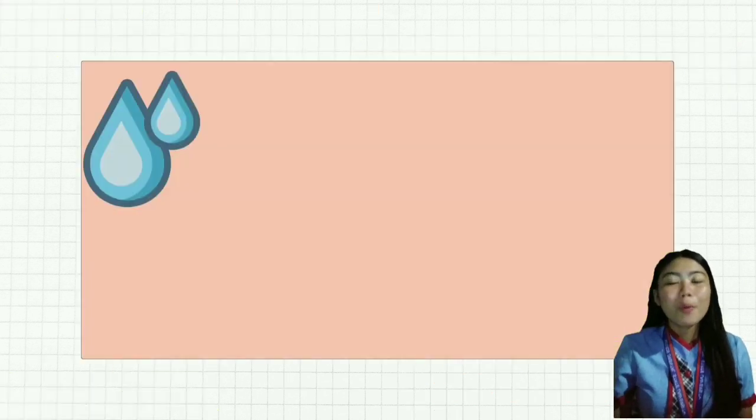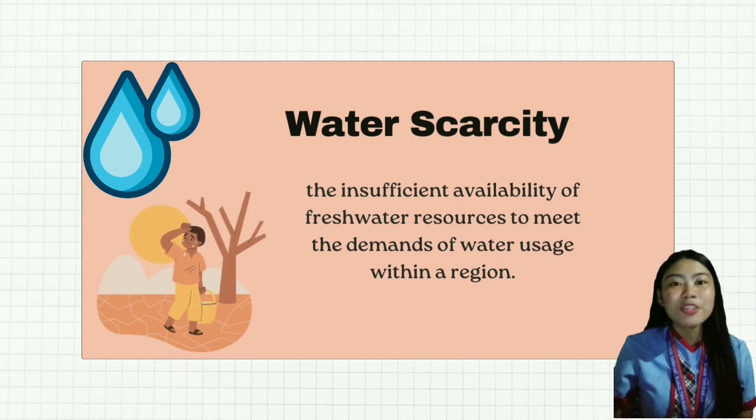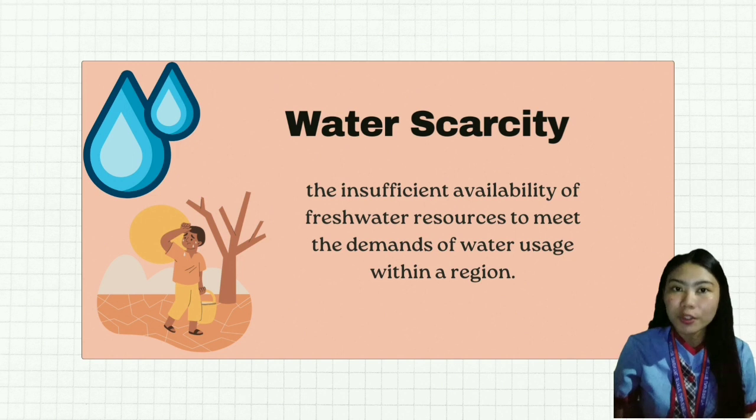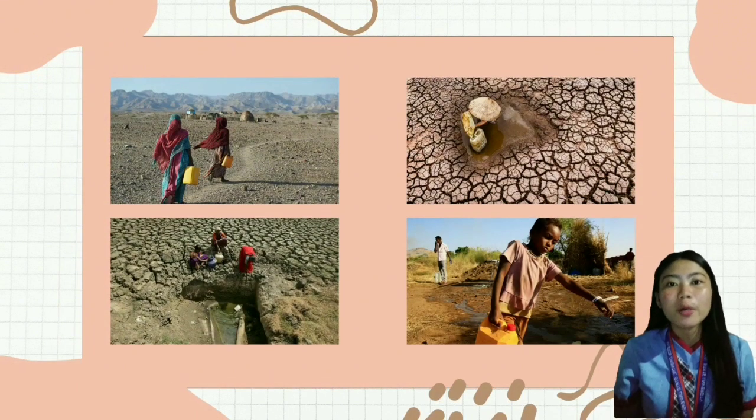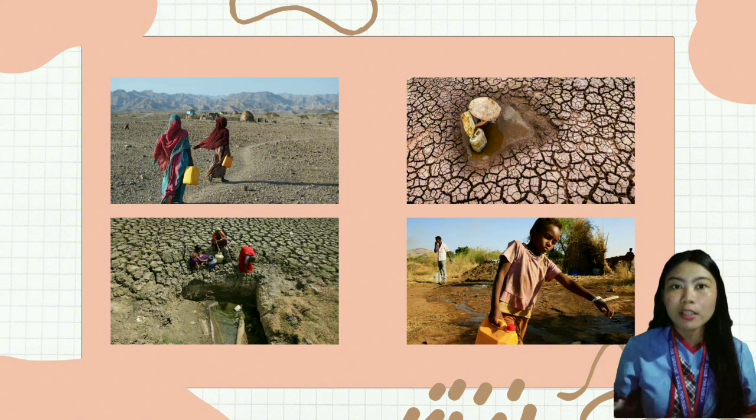Water scarcity refers to the insufficient availability of freshwater resources to meet the demands of water usage within a region. It is described as a condition where water demand exceeds the available water supply. Water scarcity can cause sewage systems to malfunction and increase the risk of diseases like cholera.